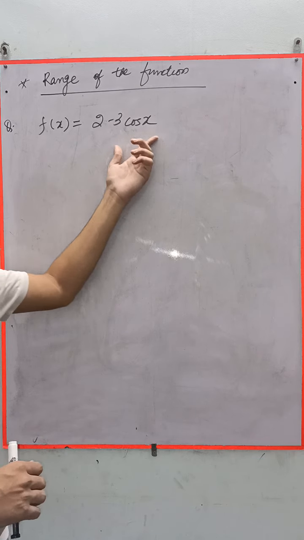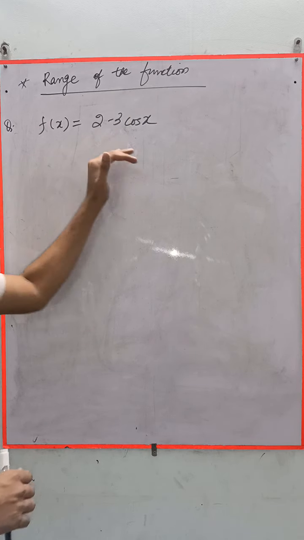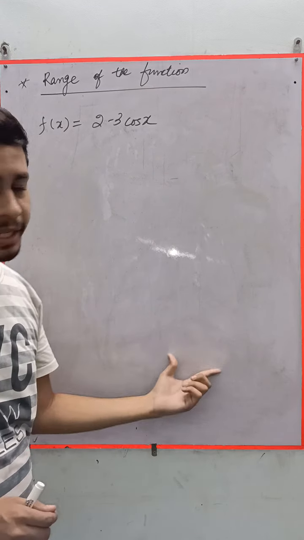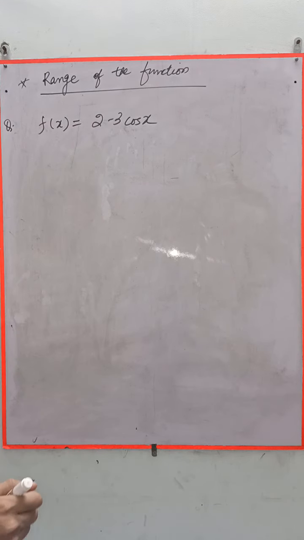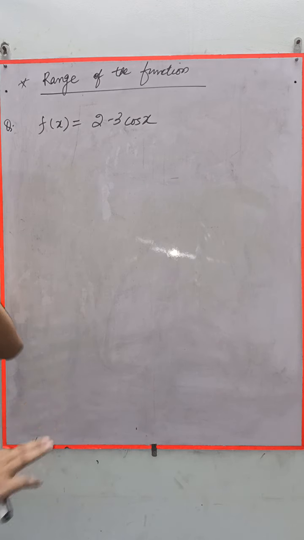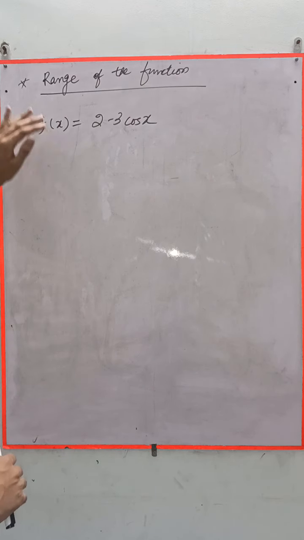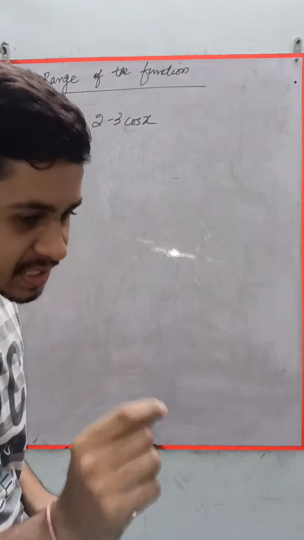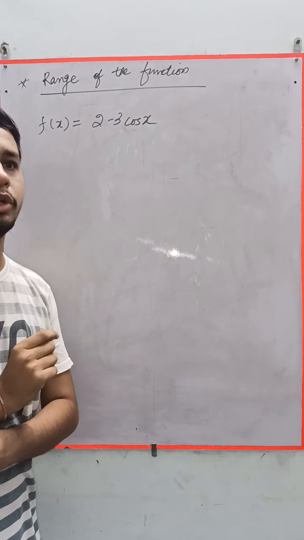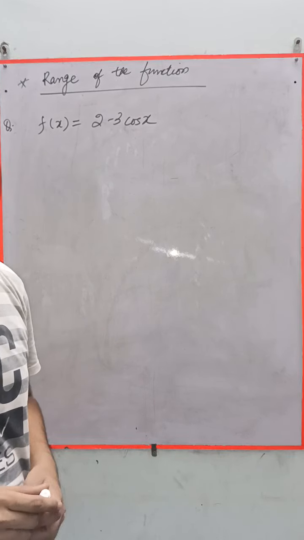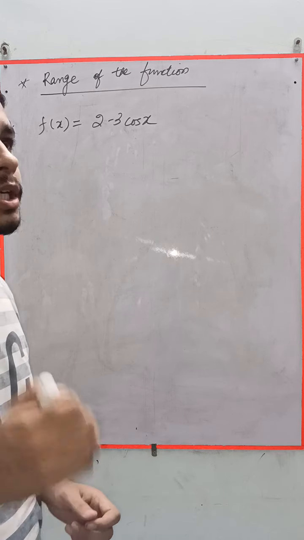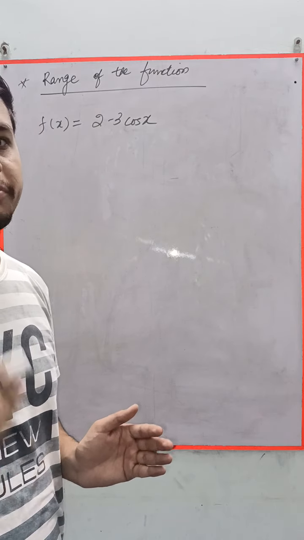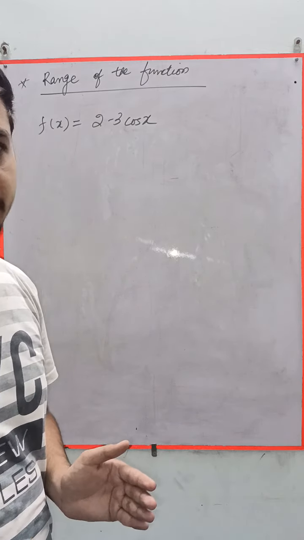Now this is a trigonometric function, so there is some other criteria for solving this question. Here we don't have to go for the domain, we have to go for the range. In 11th class we saw the ranges of trigonometric functions in the trigonometry chapter: the range of sine is from -1 to 1, and the domain of sine is minus pi by 2 to plus pi by 2.